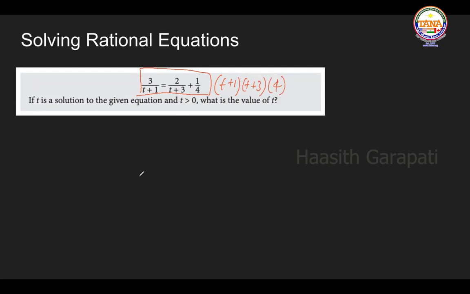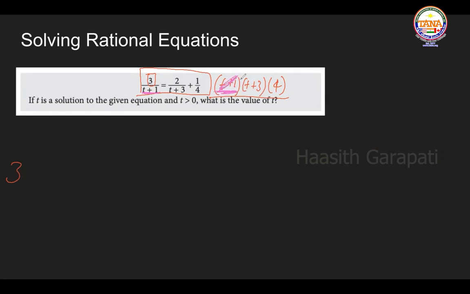So let's just think about it. If we multiply the whole equation by all three of these terms, then what are we going to get? For the first term, we have our numerator, 3, right? So I'm going to use a different color for each one. The t plus 1 over here, pink, it's going to get canceled out, right?